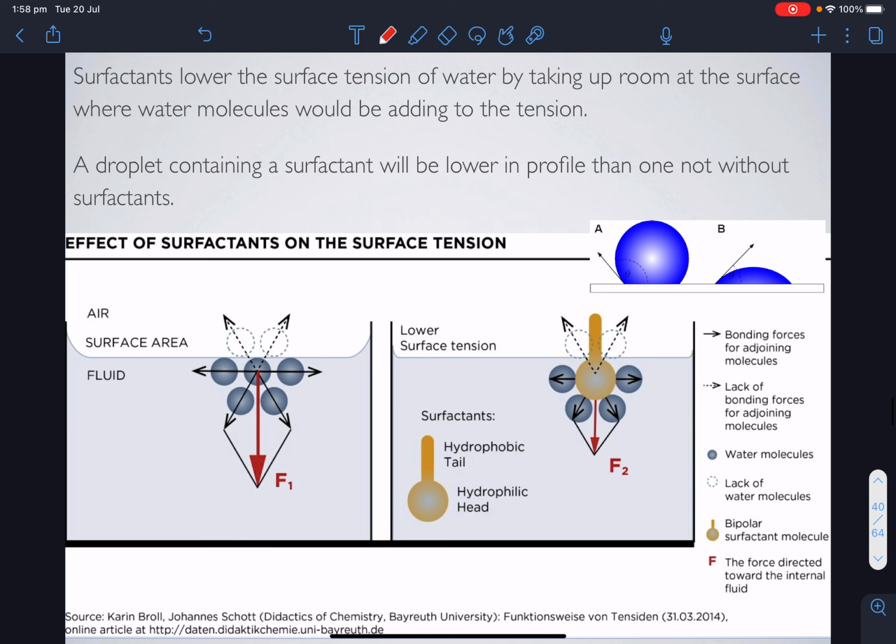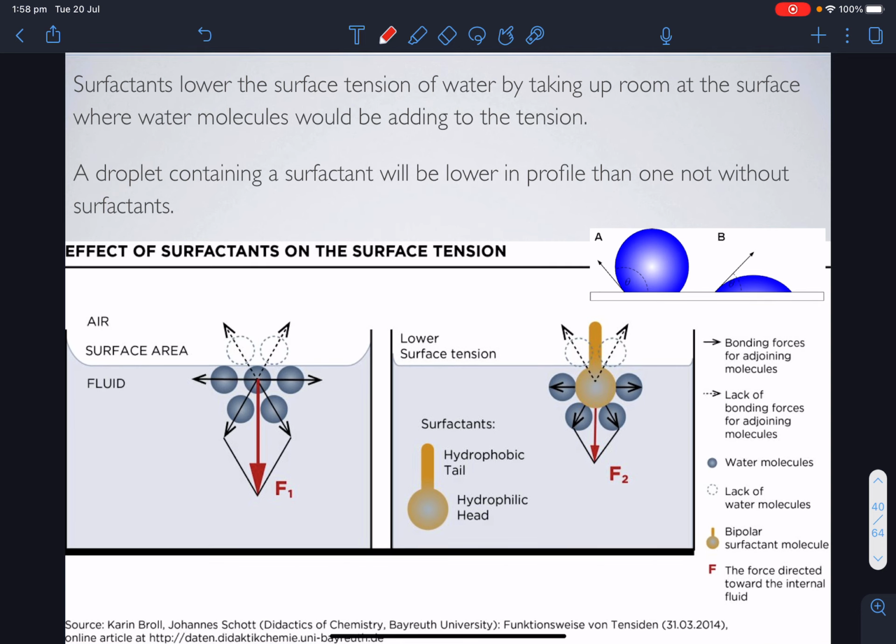So surfactants, or what we're talking about here, soaps, lower the surface tension of water. What happens, looking at this diagram, is it takes up room where water molecules could be and pushes the distance between water molecules apart, okay? And that grabbing between water molecules is what gives it the high surface tension.